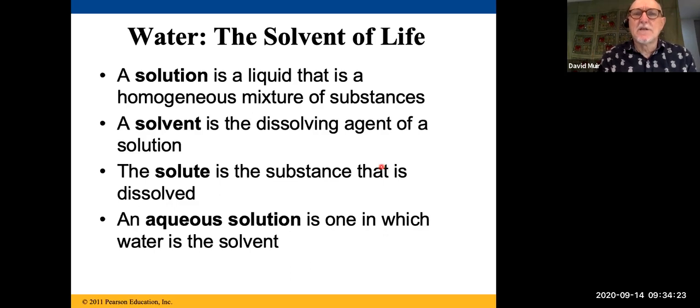By definition, a solution is a liquid that has a homogeneous mixture of substances in it. The solvent is what does the dissolving. What we dissolve into the solvent is a solute. And an aqueous solution by definition is a solution based on water.